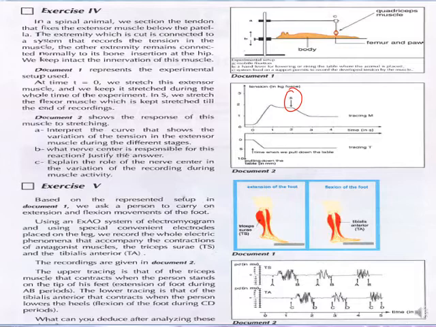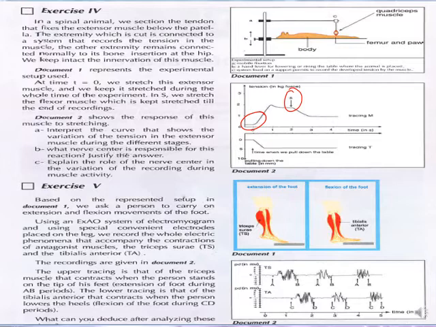Interpret the curve that shows the variation of the tension in the extensor muscle during the different stages. Before stretching, there is a permanent contraction, about 0.2 gram force. This is called muscular tonus, as we said before.